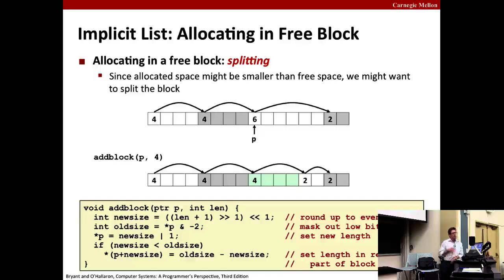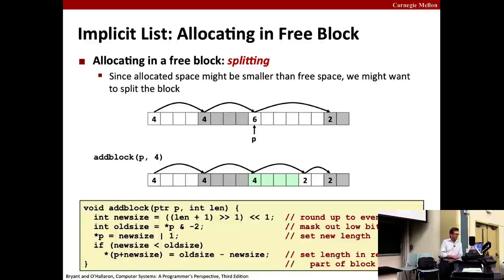Okay, another question. Once we've found a block, so the application has made a call to malloc, the malloc package has looked in the free list, using some policy, and identified a free block in which the requested block will fit. Now what does it do?